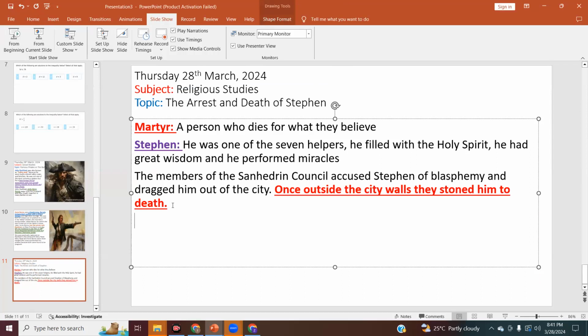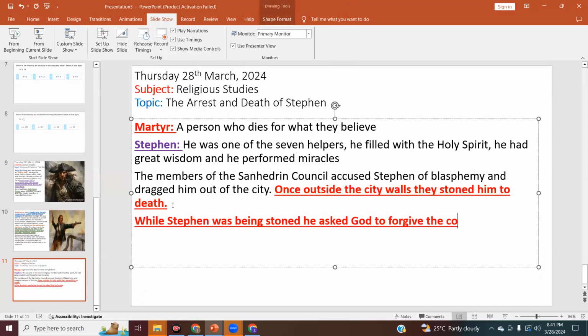While this is very important, while Stephen was being stoned, he asked God to forgive the council members.